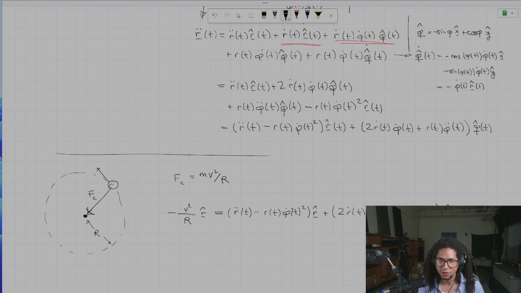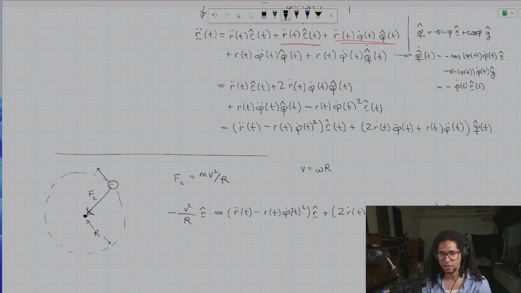Okay, now what is this v? v is the linear speed that the particle has right now. But I can relate that linear speed to an angular speed, which is often called omega in this context, as v equals omega times r. And so sometimes this is written omega squared times r, rather than v squared over r.